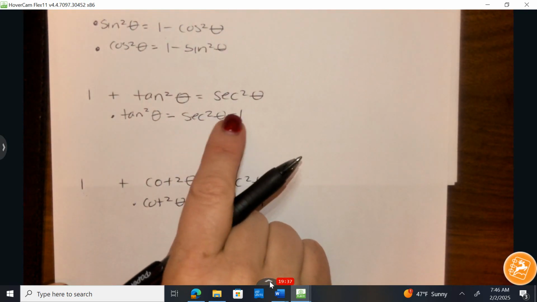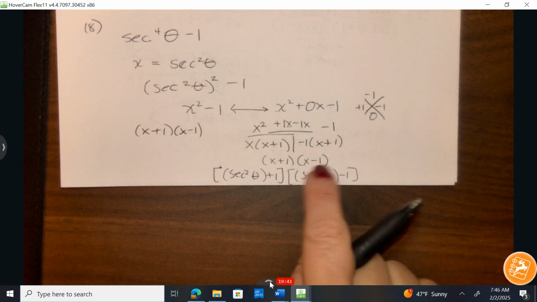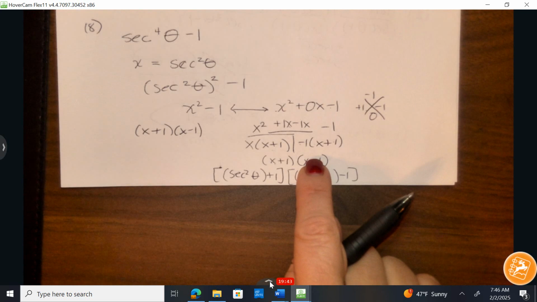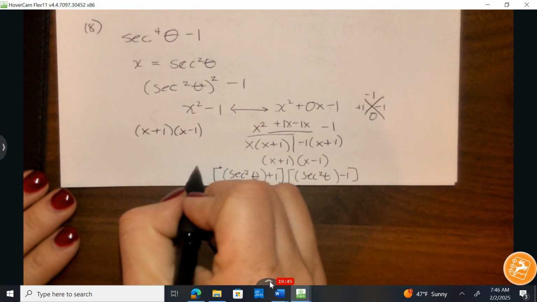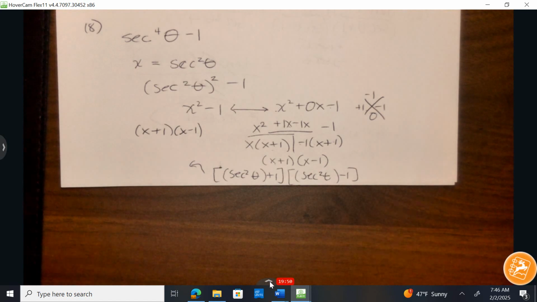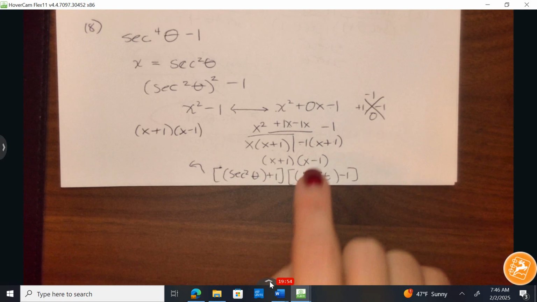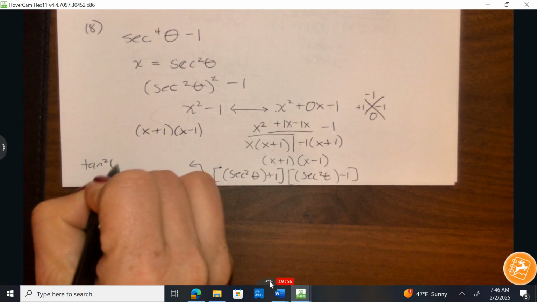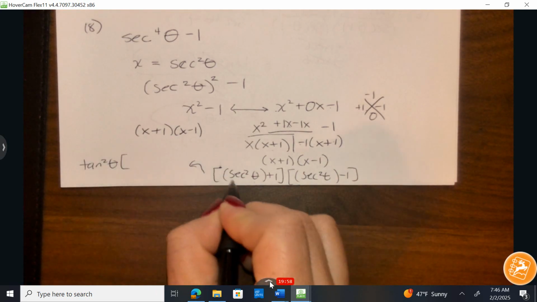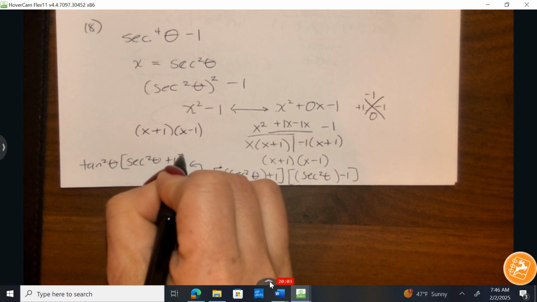Secant squared theta minus 1 is equal to tangent squared. So I'm going to rewrite this in the small space. I'm going to put that in front. Remember, a times b is the same as b times a, so it doesn't matter which quantity I write first. I know this is equivalent to tangent squared theta, and then we're going to multiply it by secant squared theta plus 1.